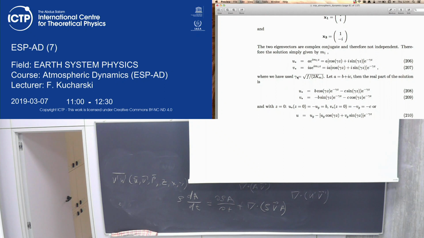So if this is minus ug, then you can evaluate what B should be: minus ug. And the same we have for this equation here. There, this term vanishes, and you can evaluate that C is actually minus vg. So you can insert these two parameters here, and we have found the solution.